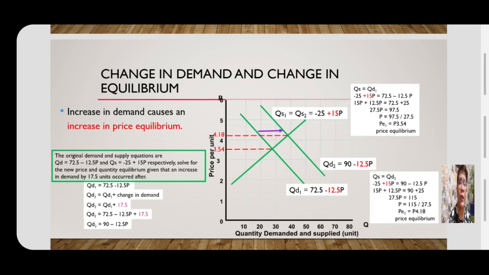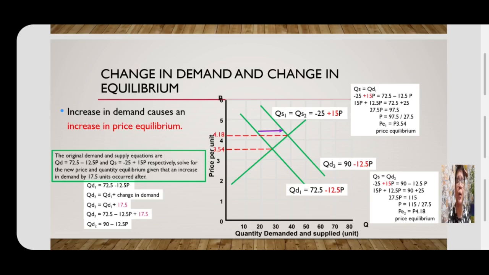See, it is only the demand that is shifting. And specifically, the shift in demand illustrated in this particular example is a shift to the right, which we refer to as an increase in demand.